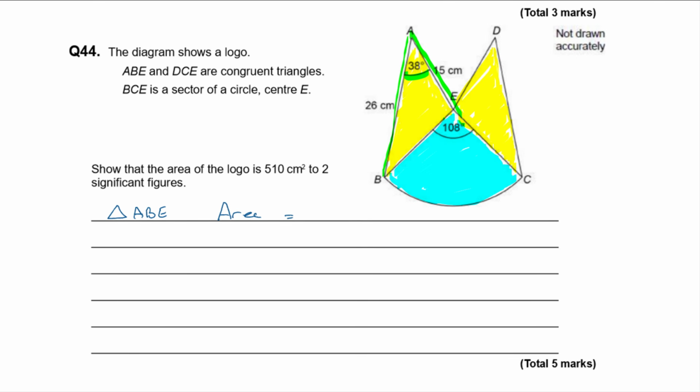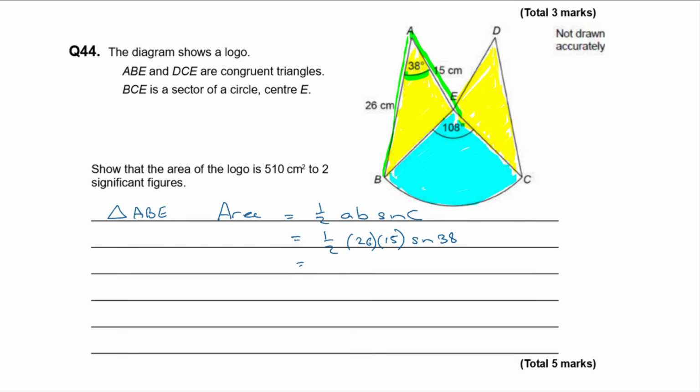If you remember, that is half ab sine C. So a and b are the two sides that you know, and C is the angle between the two of them. So that is going to be a half times 26 times 15 times the sine of 38.